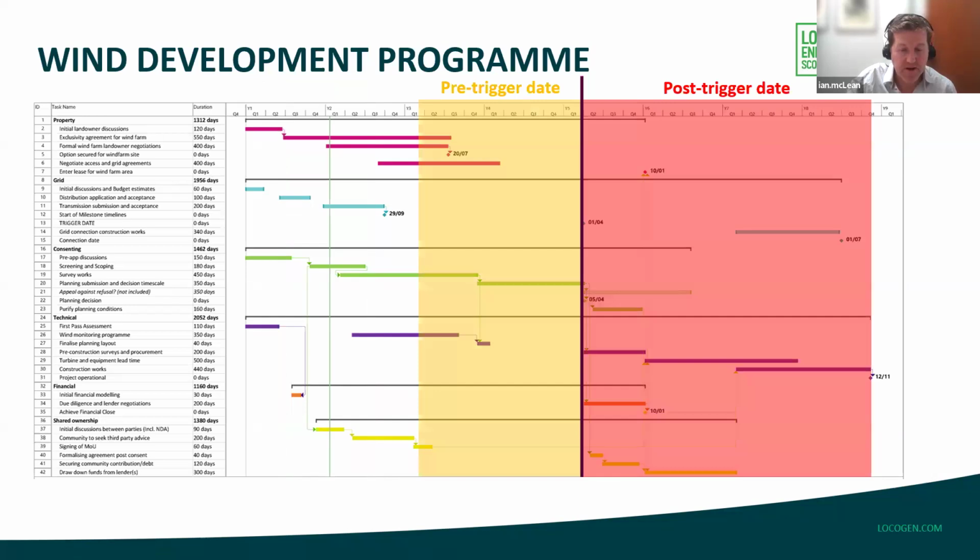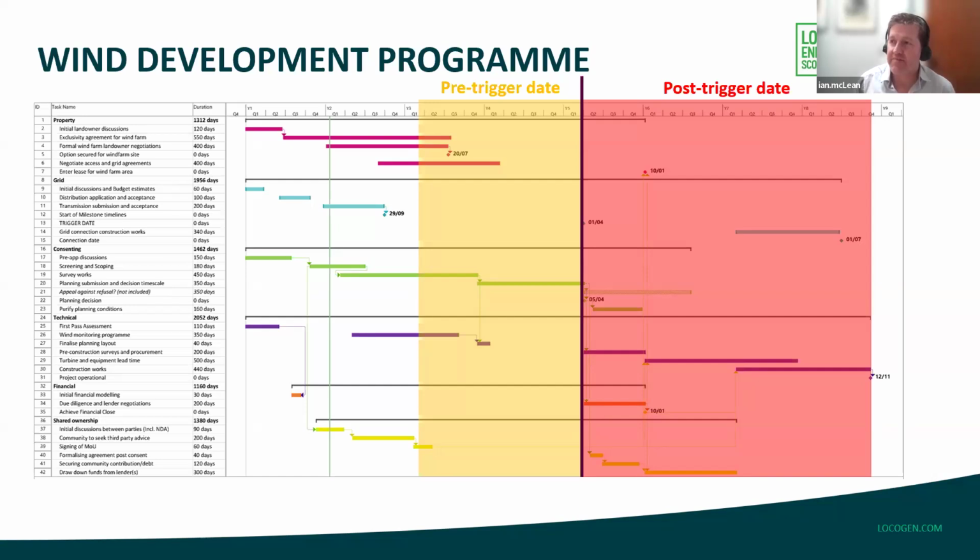So moving through here, just one more thing while I've got the wind development program up. I wanted to flag trigger date, which is a grid term.